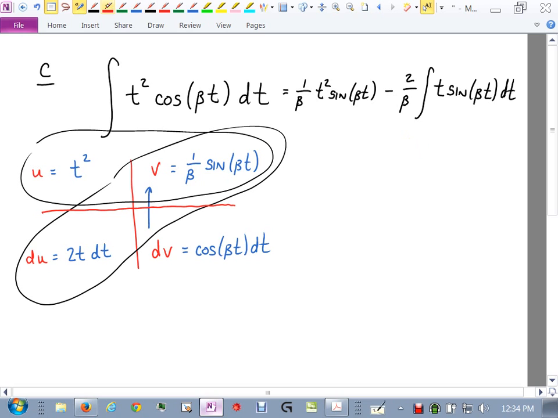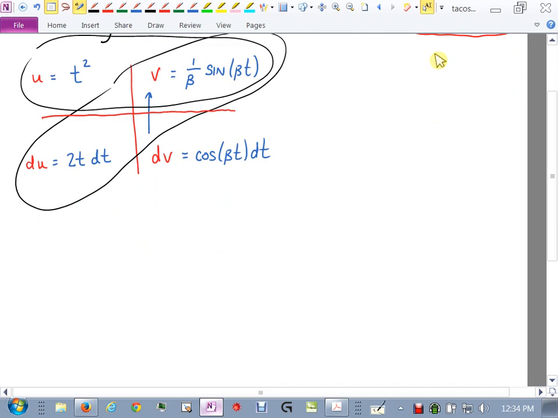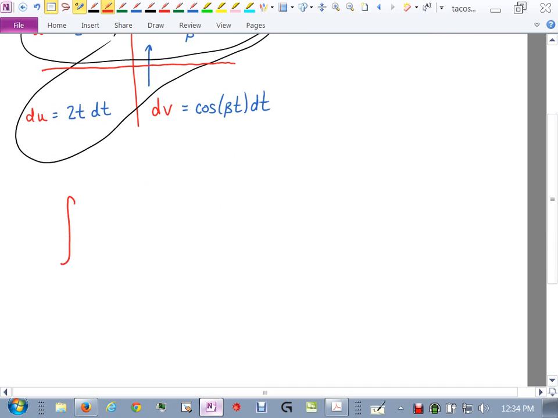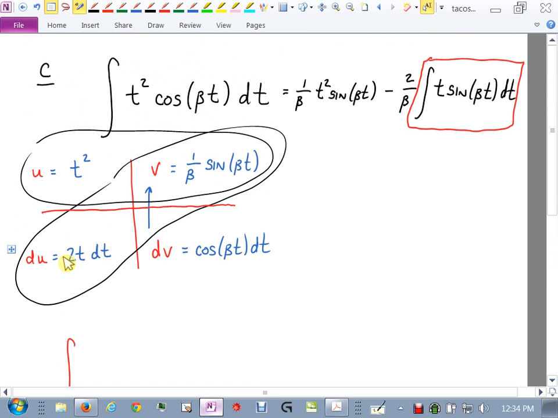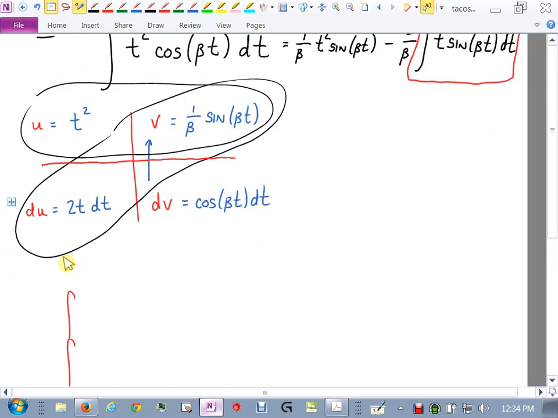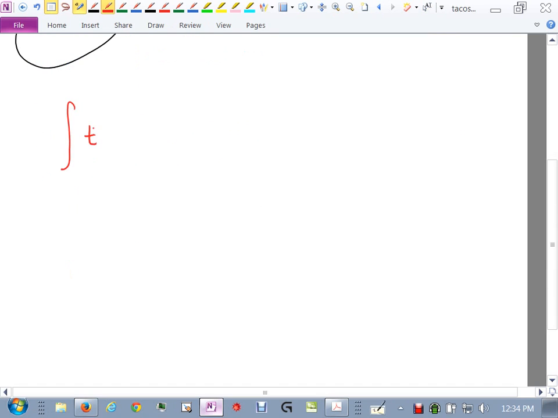So what I'll do is I'll box up just this integral. I'm going to take that to the side here and do some work and come back and put my answer in there when I'm done. So what I'm working on now is the integral. Notice I left the 2 over beta out. I'll just remember that it's there later. I've got t sine beta t dt. I'm going integration by parts again.